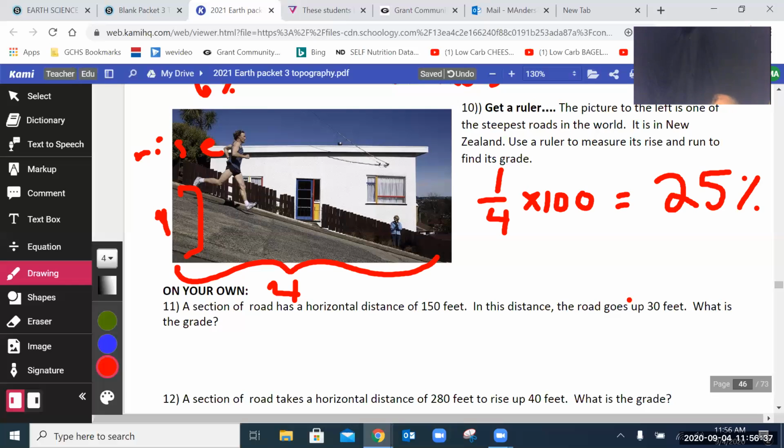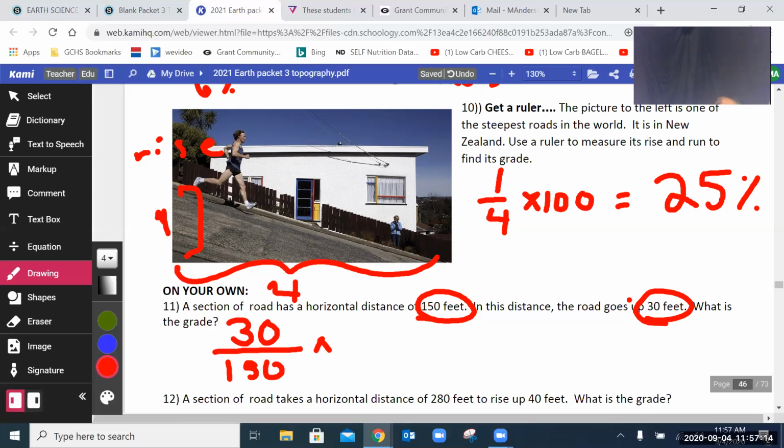Go ahead and do number 11 in the same way. We have these two numbers. How do they fit in? Go ahead and give it a try. The horizontal distance is 150, so that would be the run. That's on the bottom. The road goes up 30 feet. That's up vertical. That's the rise. And then we multiply by 100.